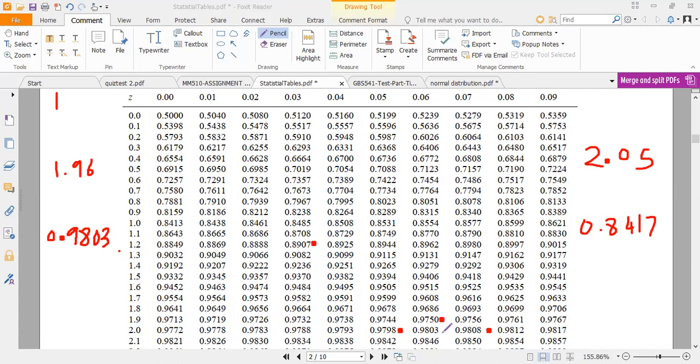Yes. Correct. How about 0.8417? What is the Z for this one here? You check from inside. Which number is equal to or close to 0.8417?